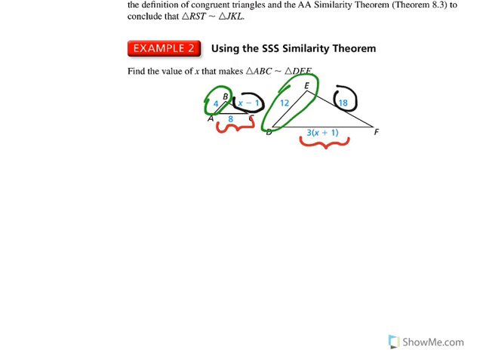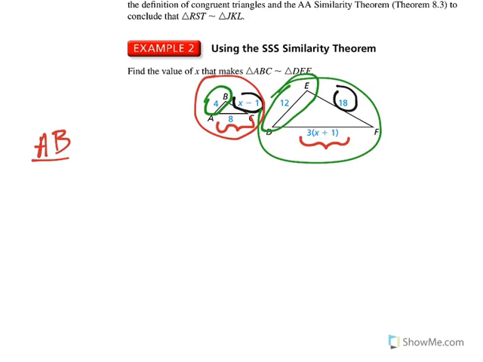And I'm going to let anything I do with ABC be red, and I'm going to let DEF be green. So first I'm going to compare AB to DE, and I'm going to set that equal to BC over EF.